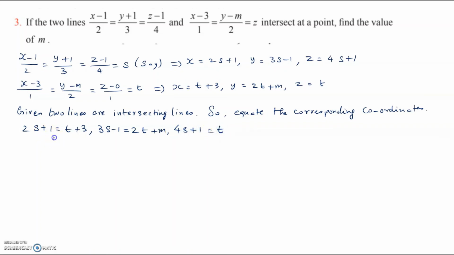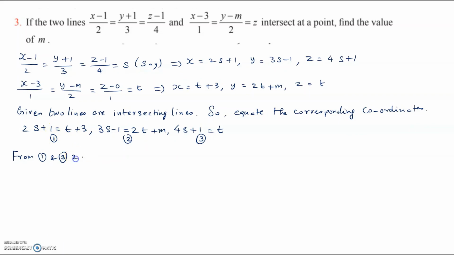If we define our equations as 1, 2, and 3, then we can say from 1 and 3 we can derive, by substituting, t will be equal to 2s minus 2.